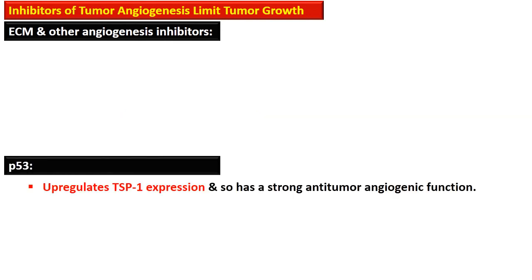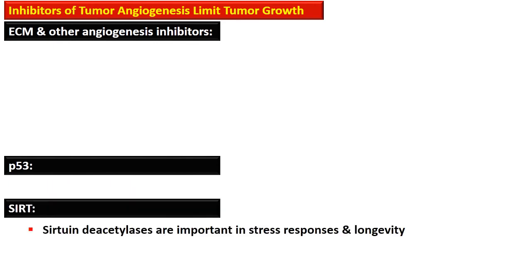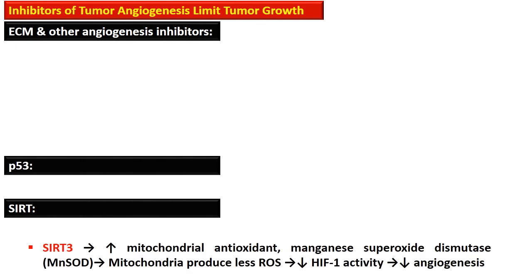P53 upregulates thrombospondin 1 expression, and so when it expresses thrombospondin 1, it has strong anti-tumor angiogenic activity. SIRT, or sirtuin deacetylases, are important in stress responses and also in longevity, and one of the sirtuins, SIRT3, increases the mitochondrial antioxidant level, that is manganese superoxide dismutase.